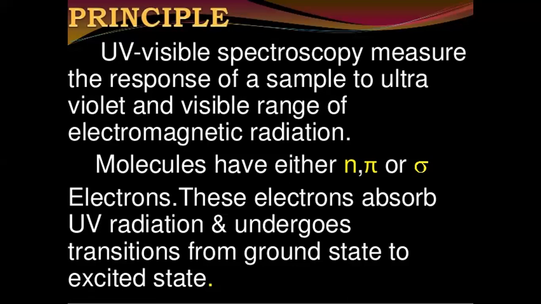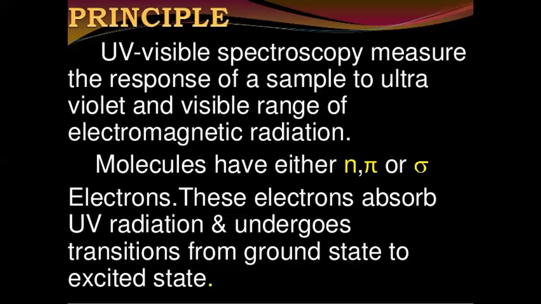So UV visible spectroscopy is nothing but the spectra obtained by the response of the molecule to the UV range of electromagnetic radiation. Molecules absorb the ultraviolet and visible range of electromagnetic radiation and they respond in the form of spectra.